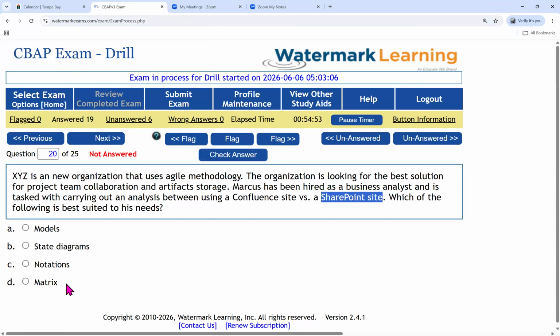Eliminate notations. Okay. And why are we eliminating that one, Jose? Can I define notations? Notations are like standards.